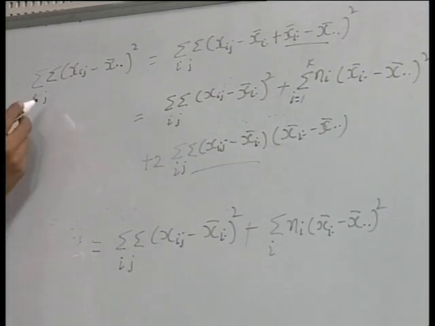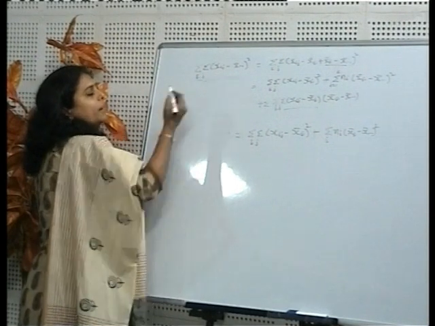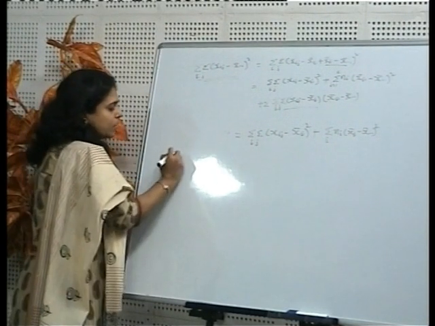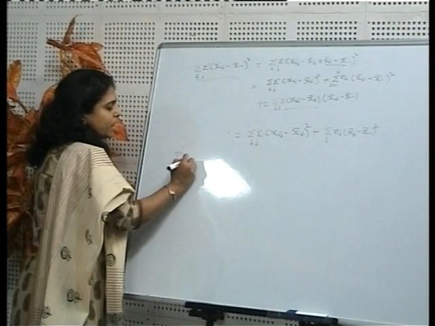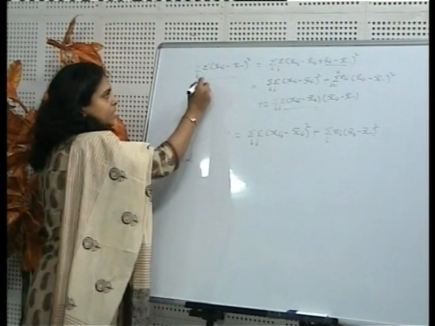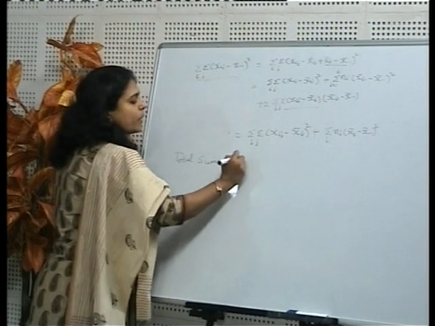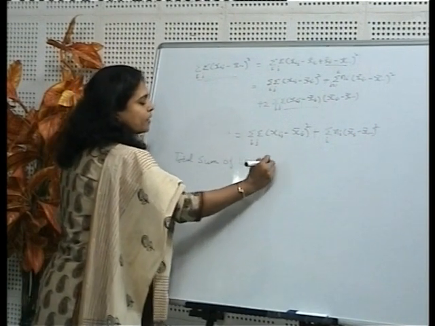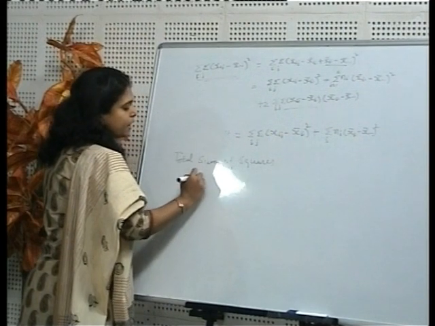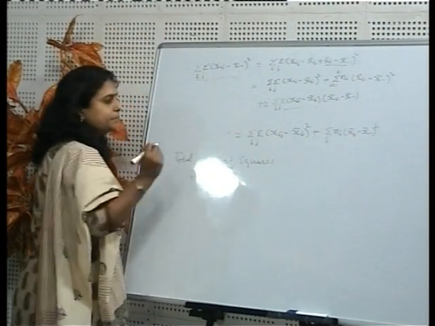The term written on the left hand side is nothing but the total sum of squares. In one-way classification, this term has been given a special name, that is total sum of squares. In short we will write it as total SS.